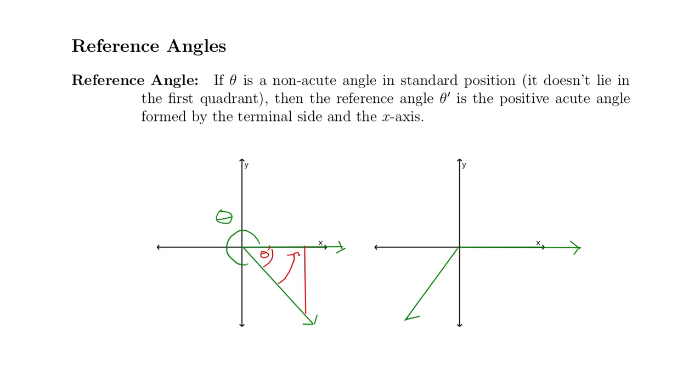If we do something like this, and we say theta is this angle, then when we grab our terminal side and we draw a vertical line to connect our x-axis, then theta prime is actually this angle here.